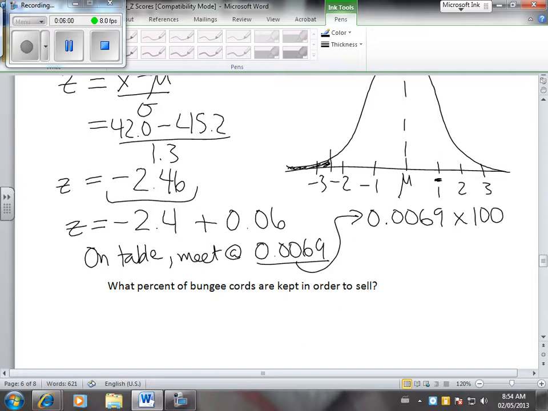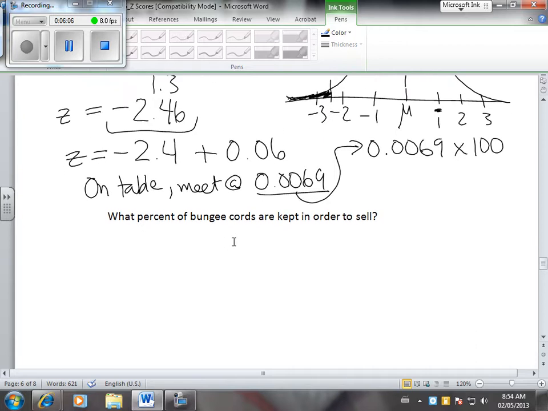And if we look here at our standard normal distribution, it should be quite a small amount. Okay, it's just that very, very end part over there. And when we multiply this by 100, we end up with 0.69% of cords are rejected.